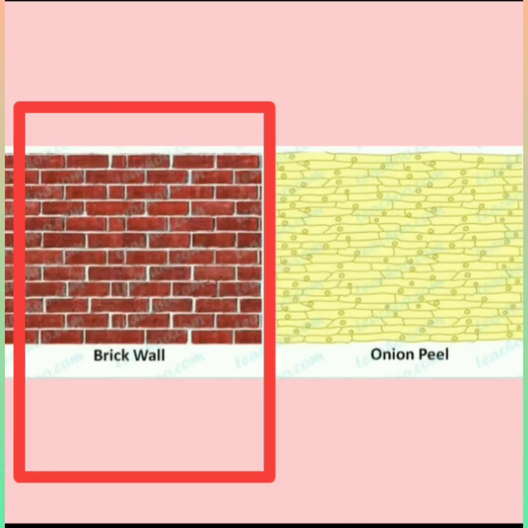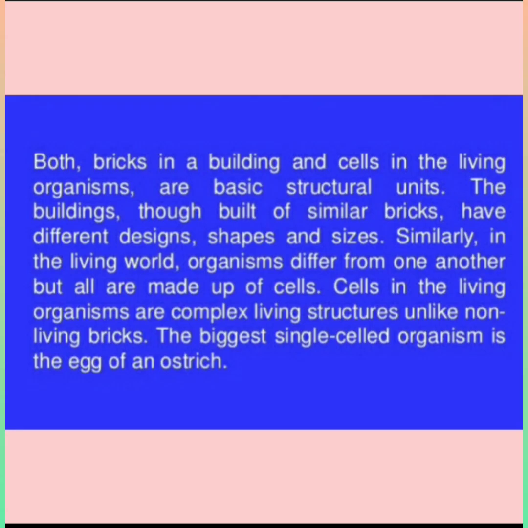You can see the bricks arranged to make a wall, likewise cells arranged to make a body. Both bricks in a building and cells in living organisms are basic structural units.